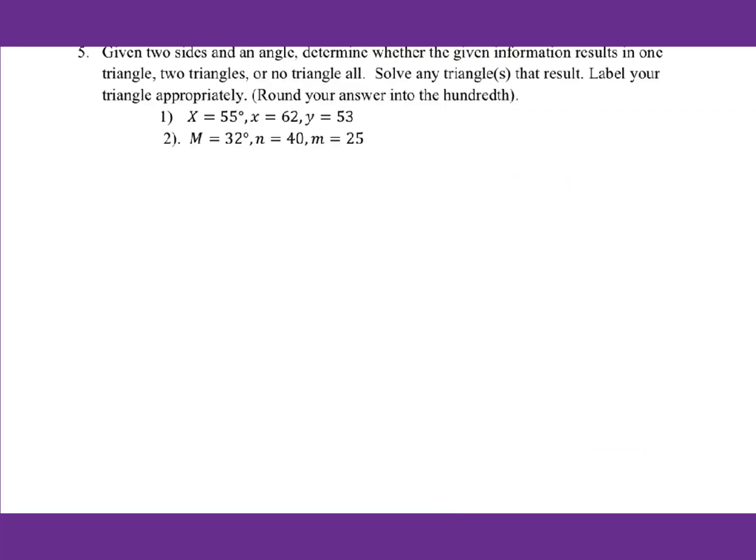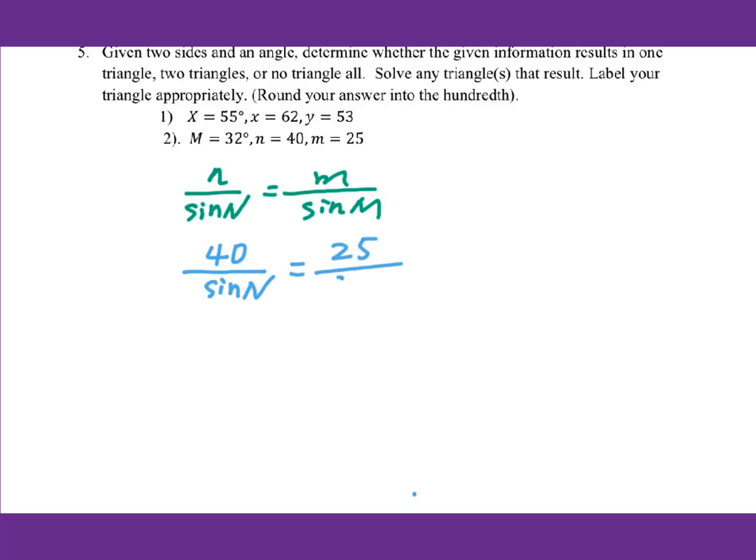For number 2, we got n over sin n equals m over sin m. Therefore, we got 40 over sin n equals 25 over sin 32 degrees. Cross multiply, we got sin n equals; the number on the same line with the variable goes to denominator.